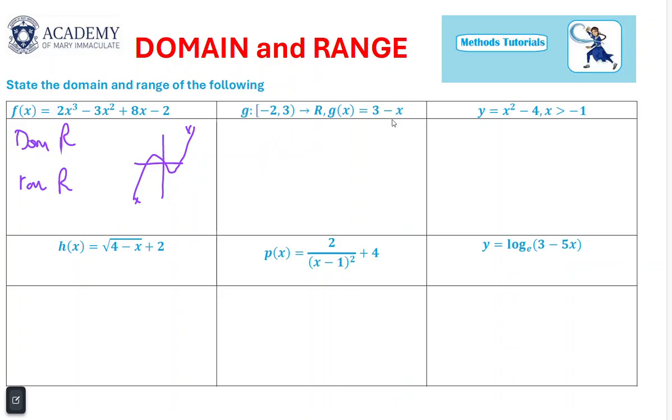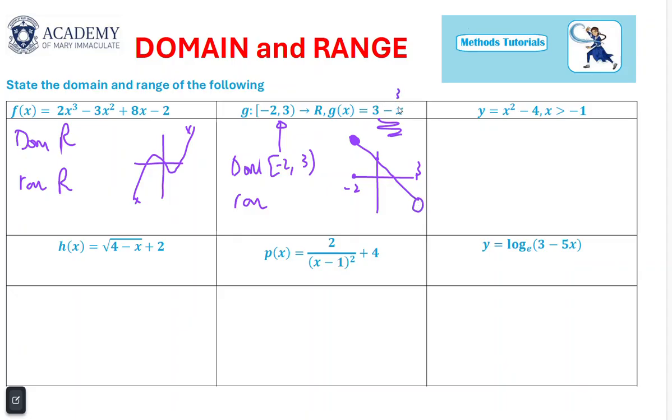In g of x, it's a straight line, but it has a restricted domain. So the domain is the restricted domain. The range, however, will be limited to what this restricted domain is. So normally it would go through at 3 and have a negative gradient 1 and look like this. However, it only goes from negative 2, and that is a coloured in endpoint, through to 3, and that's an open endpoint.